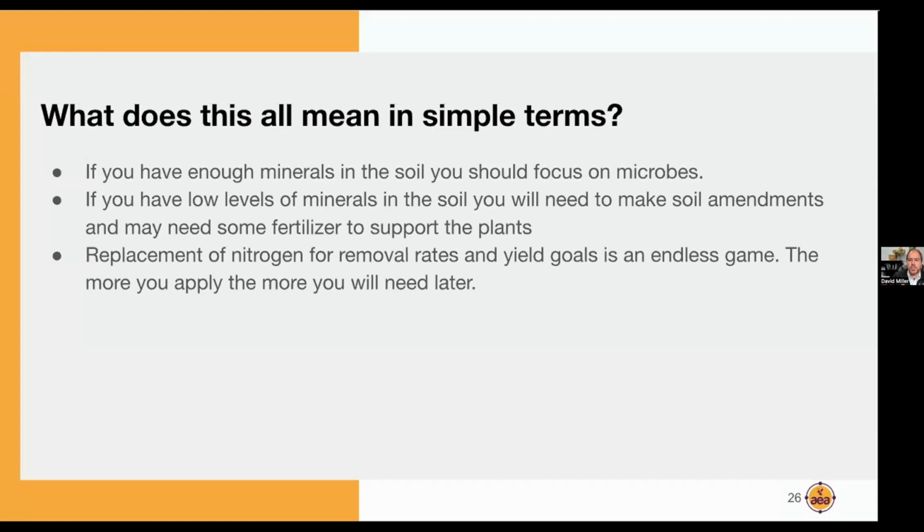Replacement of nitrogen or removal rates and yield goals is an endless game. It's the more you apply, the more you're going to need later, whether that's later this season or later in your career of farming or later in your farm's career.